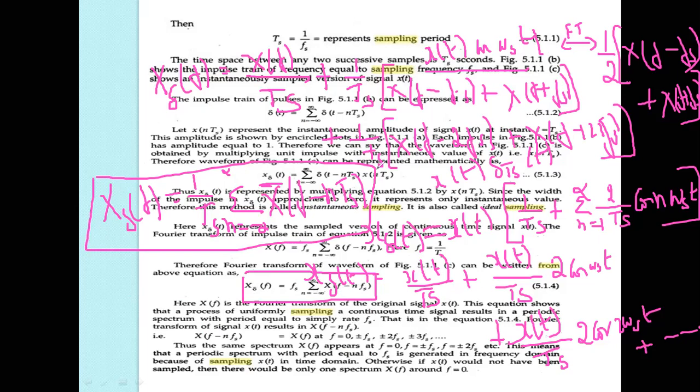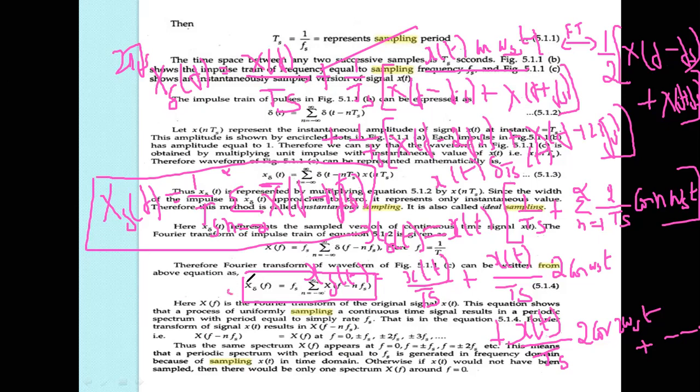Here the omega is there, omega means 2 pi fs. So f minus fs and f plus fs.